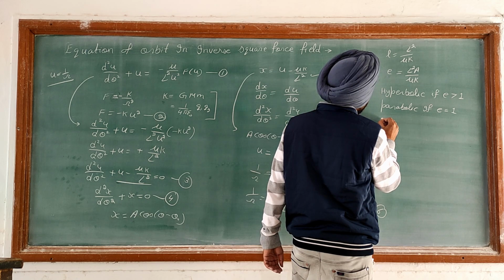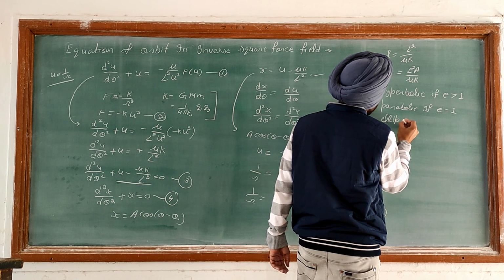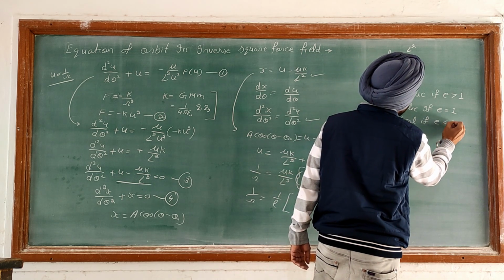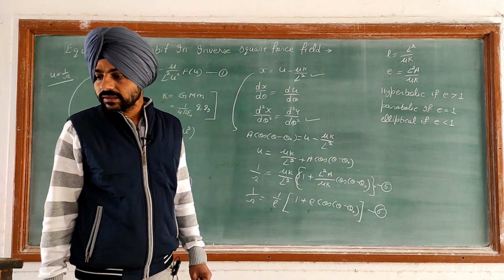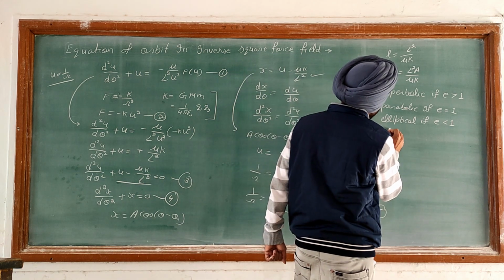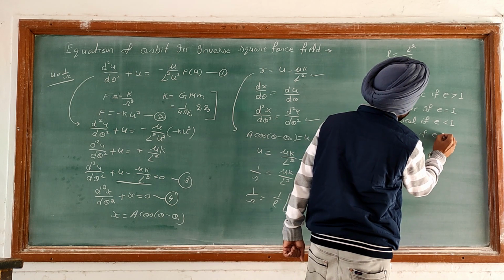It is elliptical if small e is less than 1, and it is circular if small e is equal to 0.